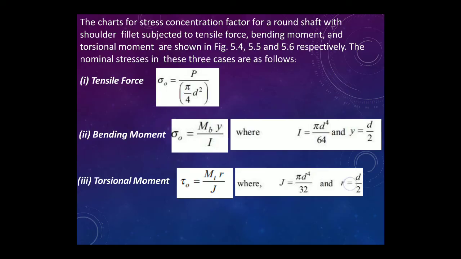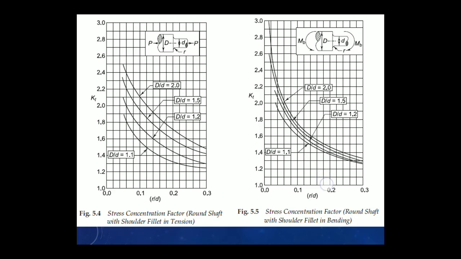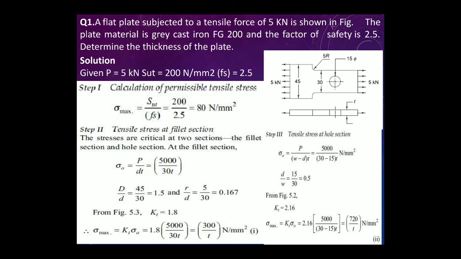So here in figure 5.3 right side, the D by d ratio is given and the r by d ratio we have found, that is 0.167. So we get the stress concentration factor as 1.8.